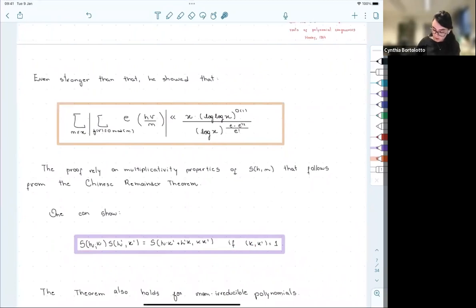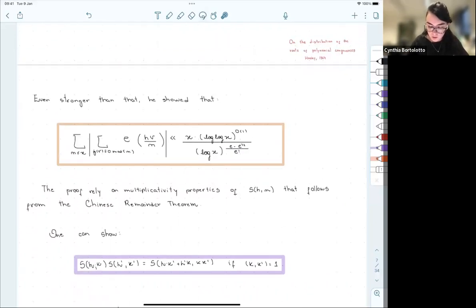So when we take k and p prime coprime and we multiply this sum here, we have some multiplicativity property, and together with Cauchy-Schwarz and splitting the sum into small primes and small divisors and big divisors, he managed to prove this inequality here.